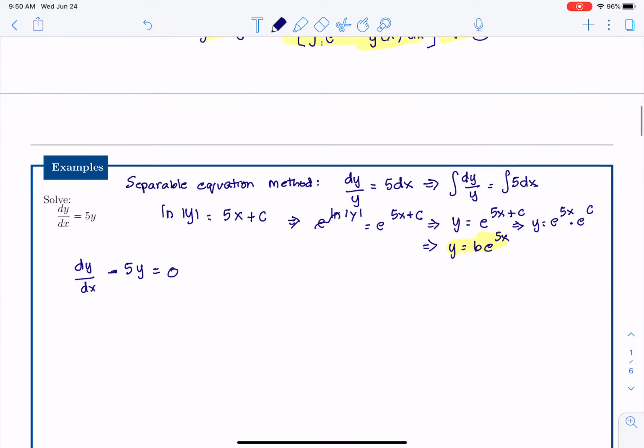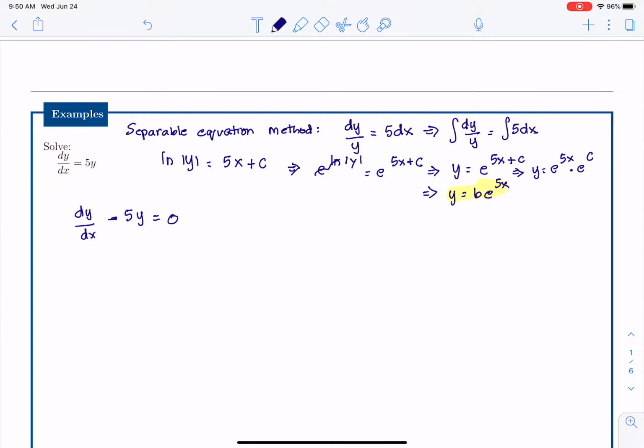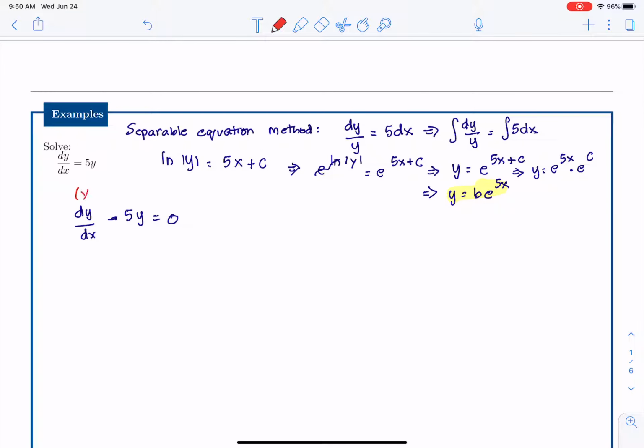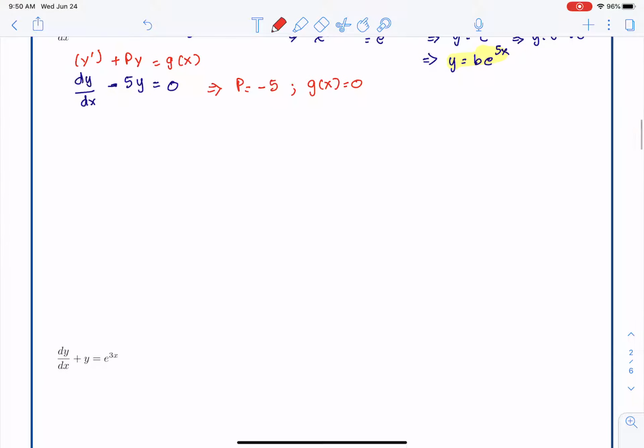By direct comparison, we'll compare this to y prime plus p times y equals g of x. We identify p to be -5 and g of x to be 0. Great. So what are the things that we need?